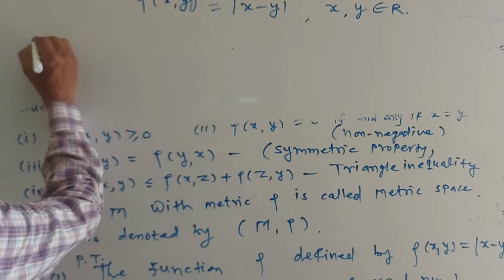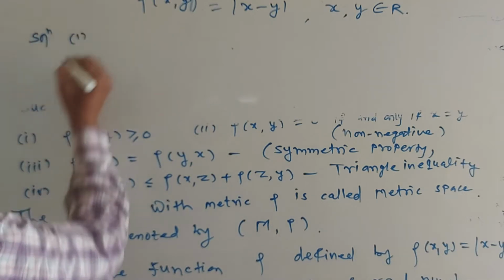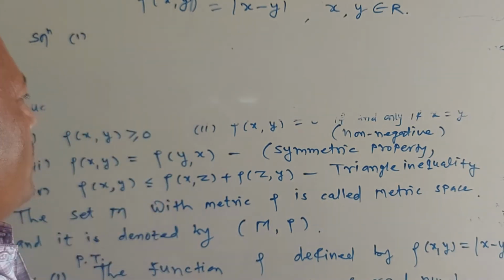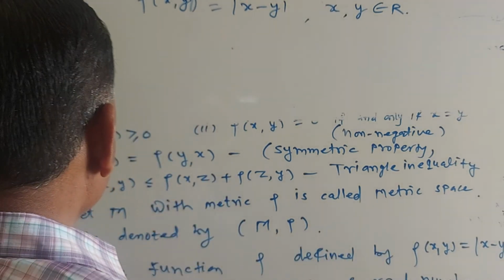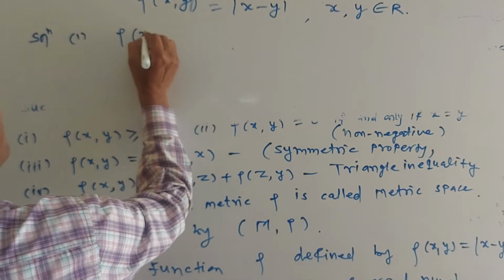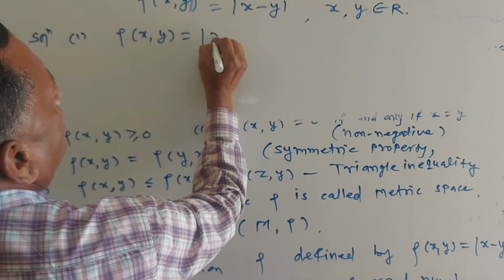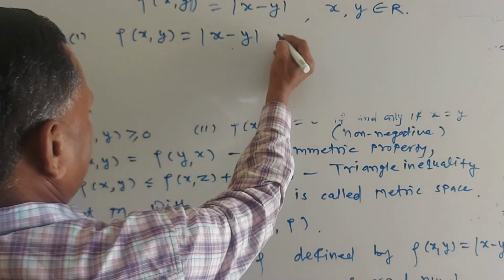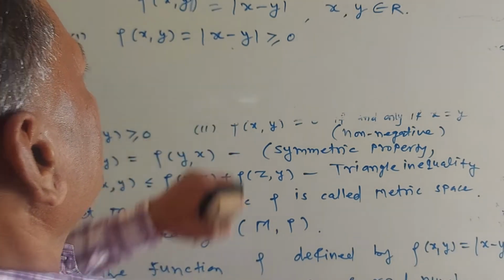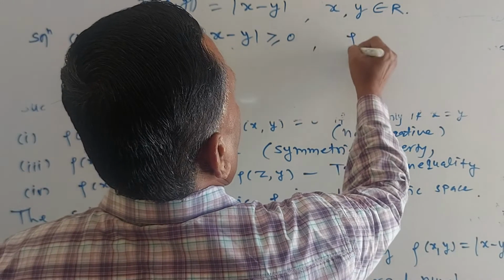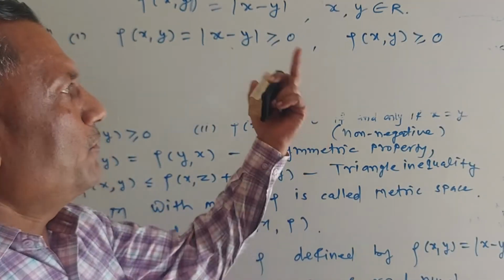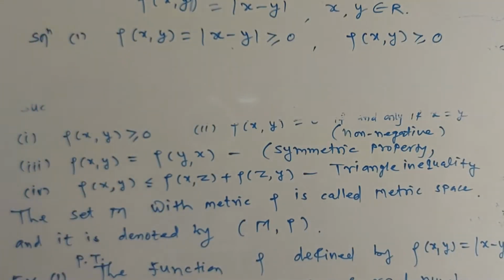Now verify. How to verify? Rho is a metric on R if it satisfies the following properties. First property: rho of xy is greater than or equal to 0. What is rho of xy? Rho of xy is equal to mod of x minus y, and it is greater than or equal to 0. Therefore, the first property is satisfied.